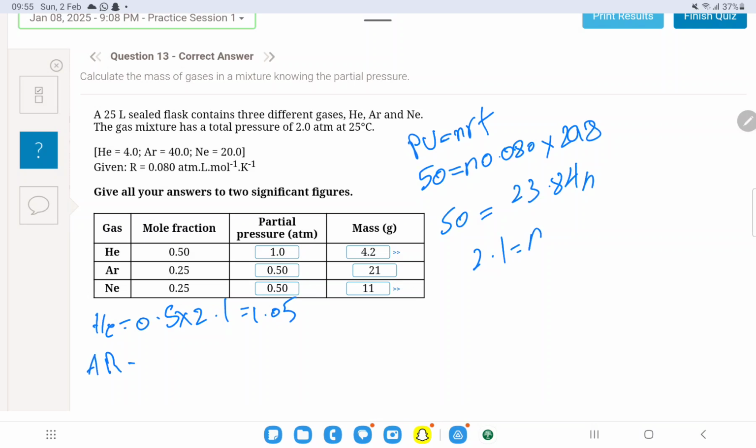Ar equals 0.25 times 2.1, and it's the same thing for neon, 0.25 times 2.1. For both of them it's 0.525.